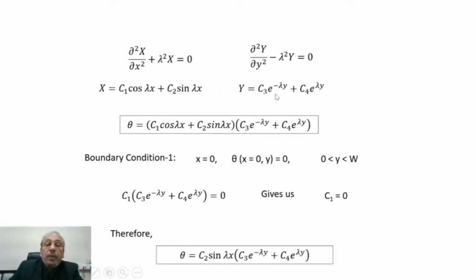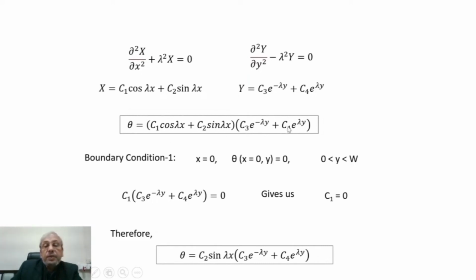Then, as we said, the final solution is the product of these two solutions, uppercase X into uppercase Y. So we can write theta equal to (c1 cos lambda x plus c2 sin lambda x) into (c3 e to the power minus lambda y plus c4 e to the power plus lambda y).